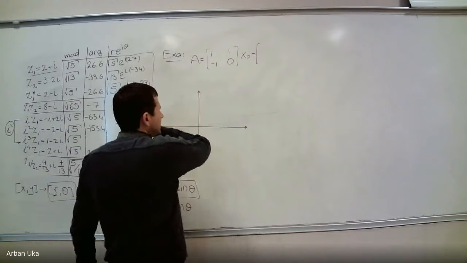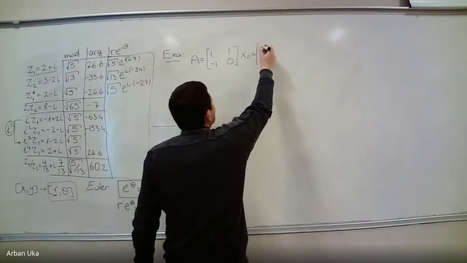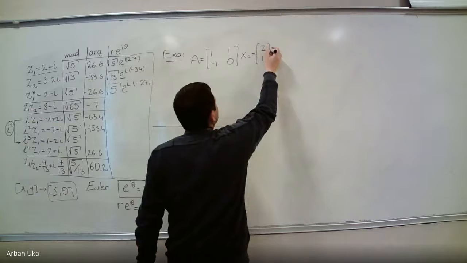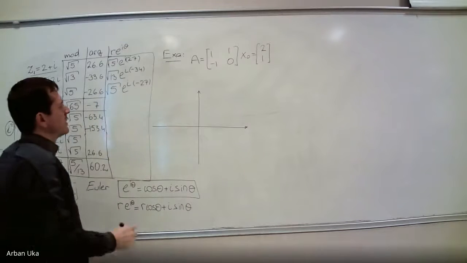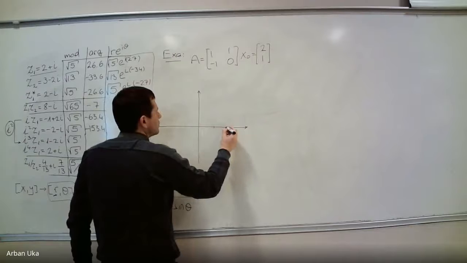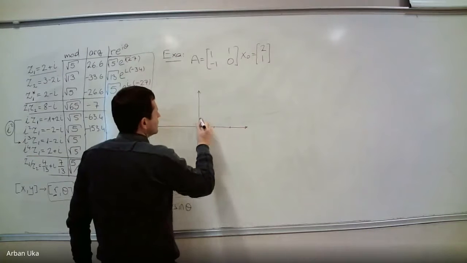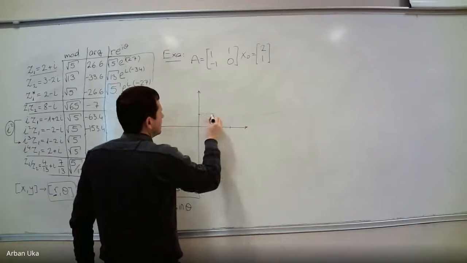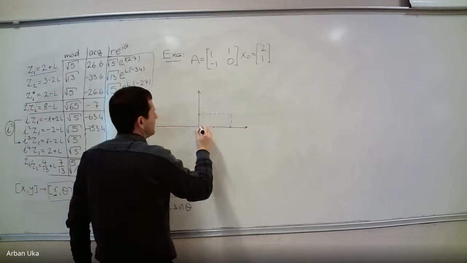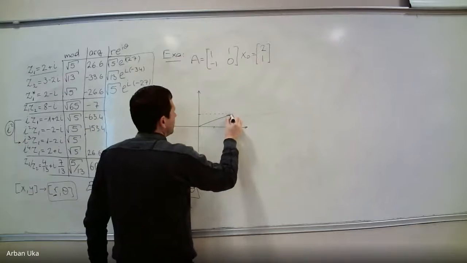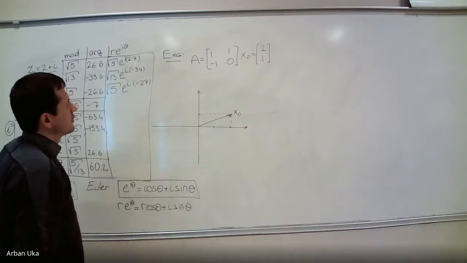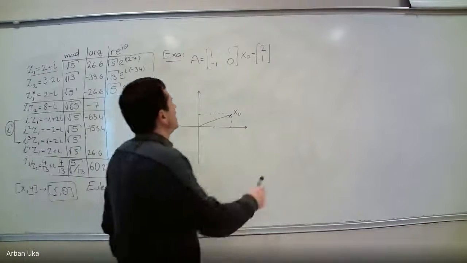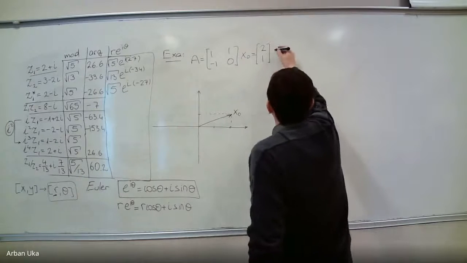let's pick 2, 1. Let's give x0 equal to 2, 1. If we are to draw it, this is what we get. This is the vector x0. And then the question is, what do we obtain if we multiply A with x0?